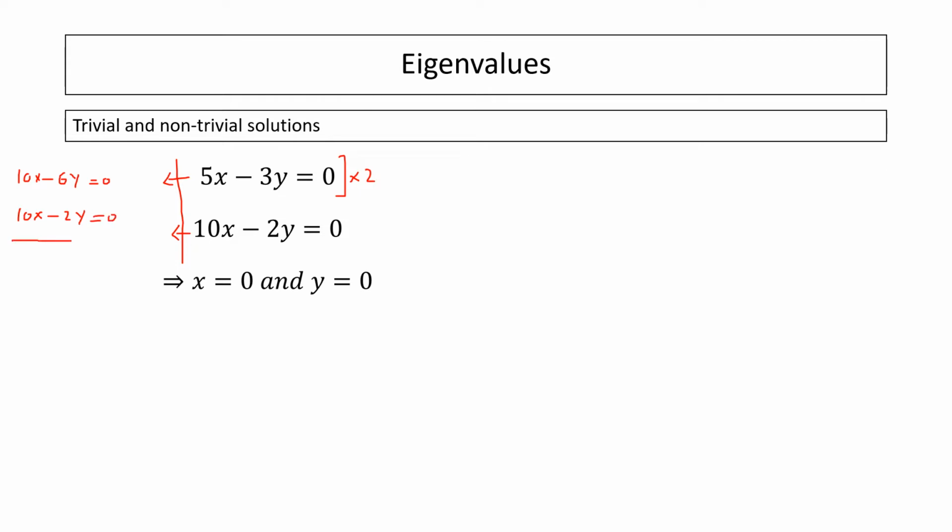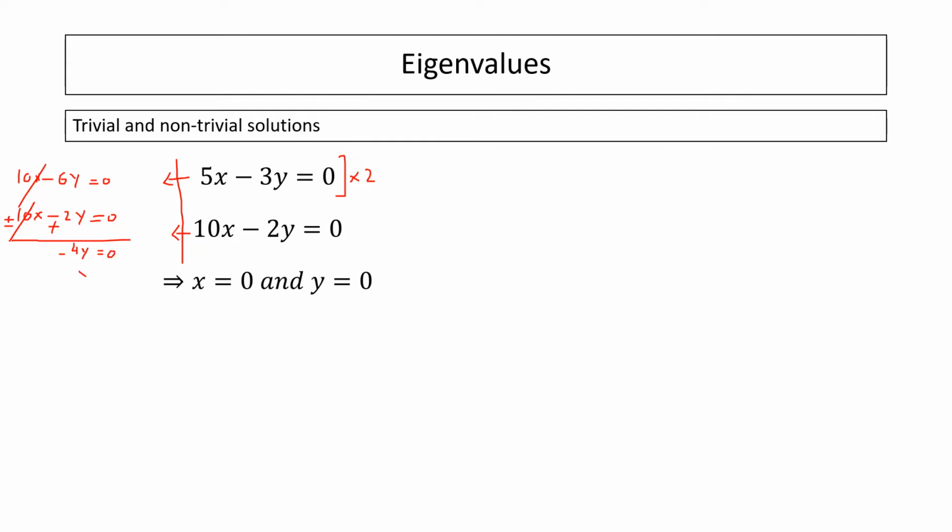If we subtract them, here it is plus, minus and plus. They are cancelled, and here will be minus 4y equals 0.